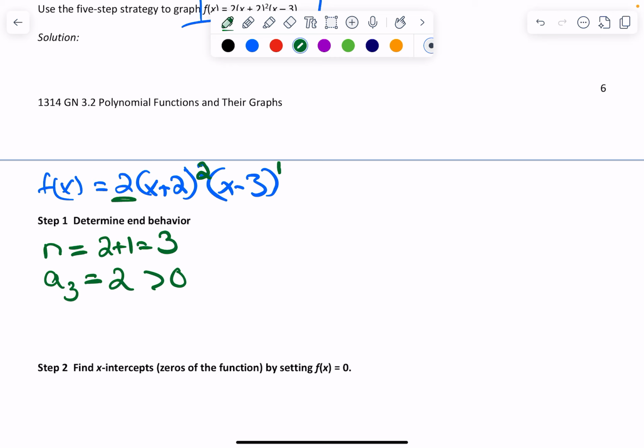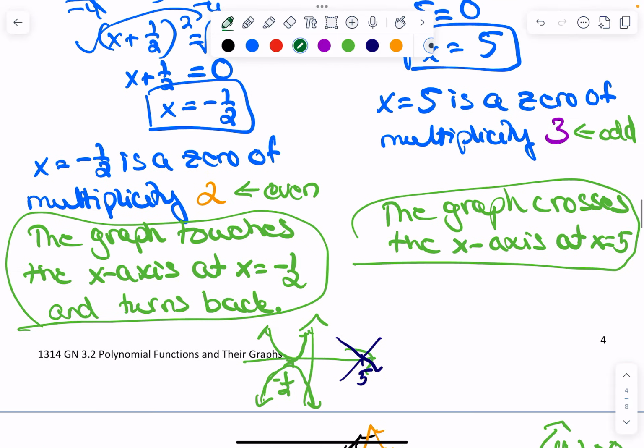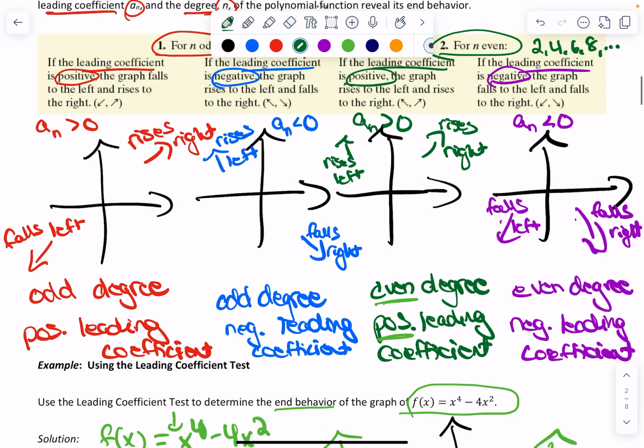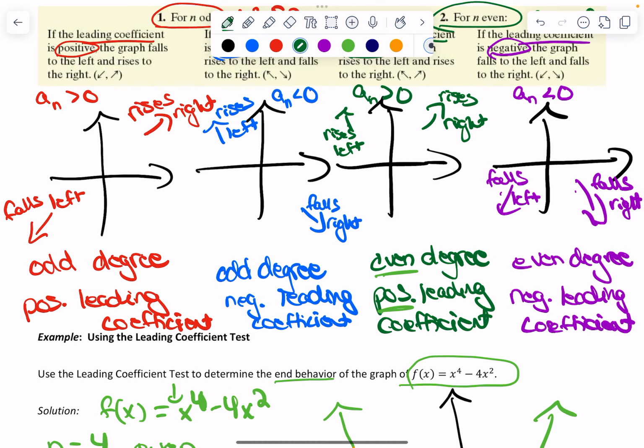So our degree is odd with a positive leading coefficient. We can go back to the second page here. So odd with a positive leading coefficient, we're looking at this first one right here.